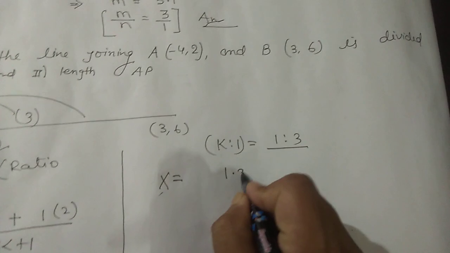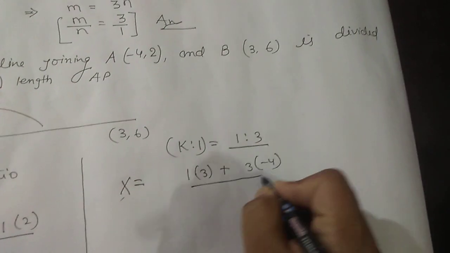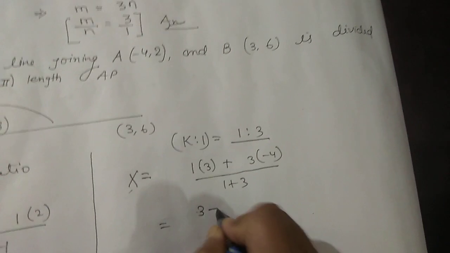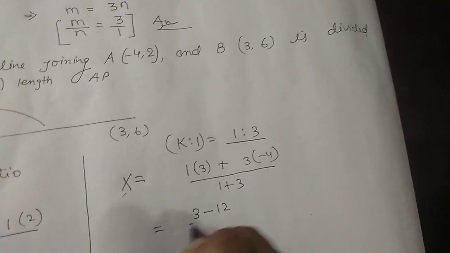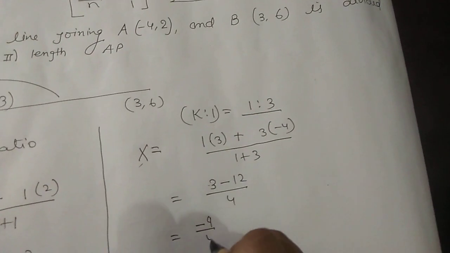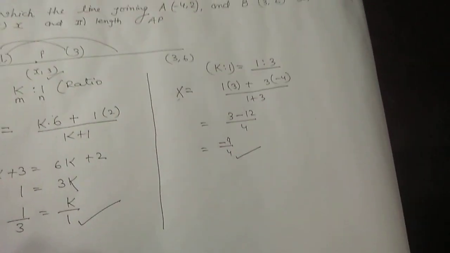So x equals (1 into 3 plus 3 into minus 4) upon 1 plus 3. That is 3 minus 12 upon 4, which is minus 9 by 4. This is the point. Then the length AP, revising all three formulas.